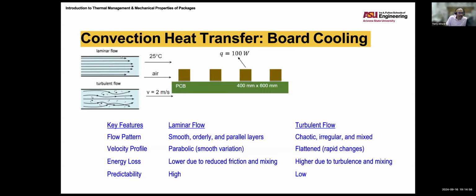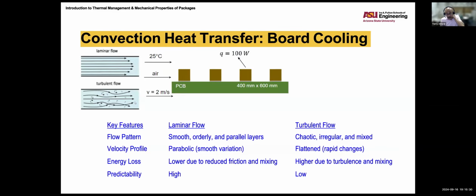As I get closer to the side, closer to the wall, we actually interact with the wall. The energy loss is due to friction. There is very little mixing in laminar flow. As long as we keep the velocity low, we can predict the heat transfer much better.